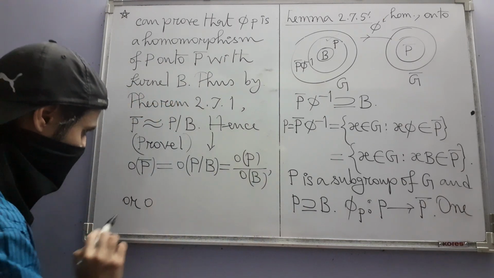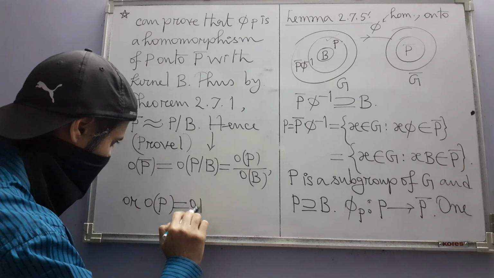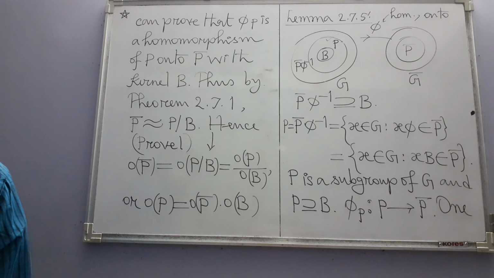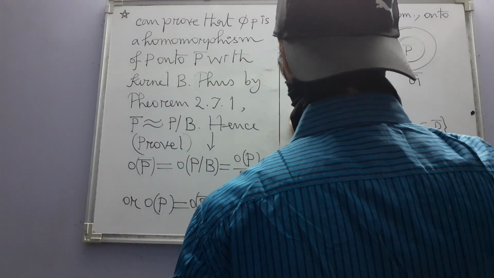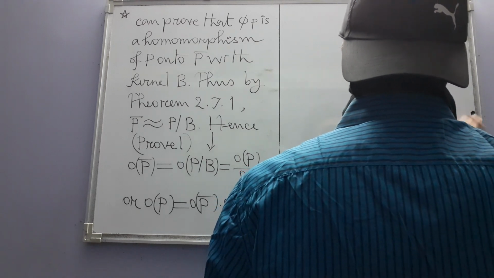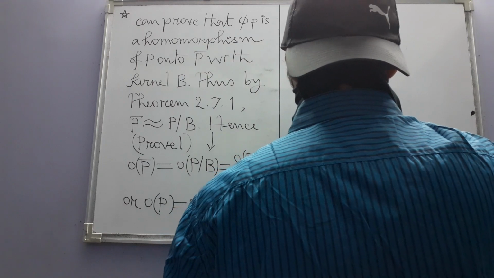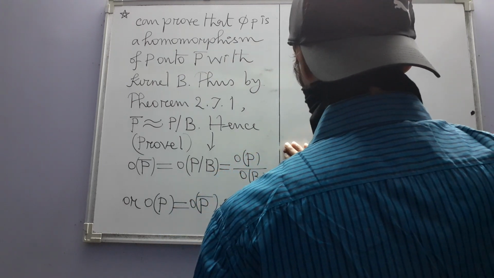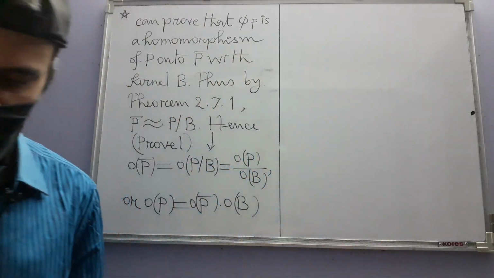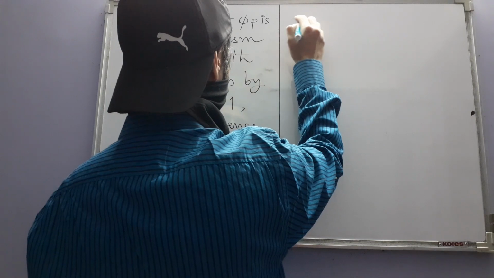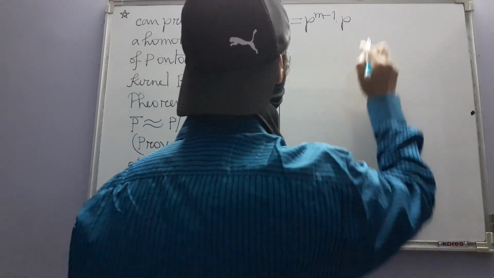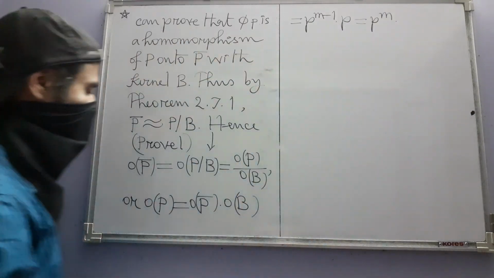So now we know these orders, order of P bar and order of B. The order of P bar is P to the power m minus 1 and the order of B is P. So we get this.